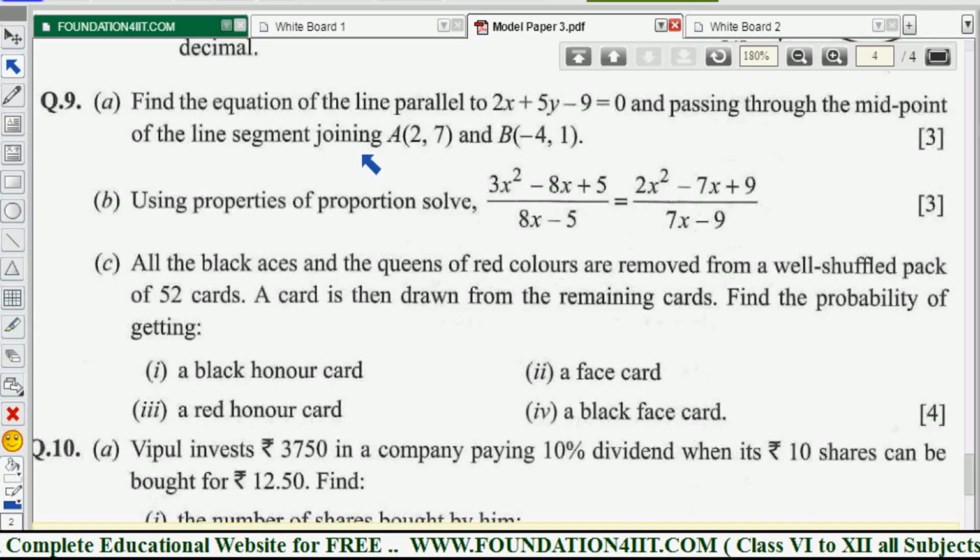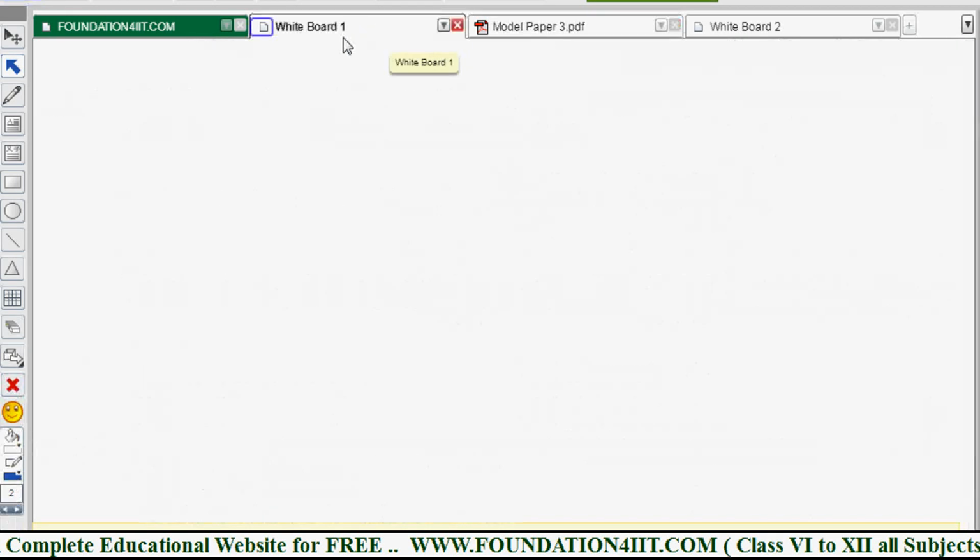So let us find the equation. We use the midpoint formula and slope. First we need to find the midpoint of the line joining. Let us take the diagram to understand clearly. This is the equation of the line, and one more line which is parallel to this.